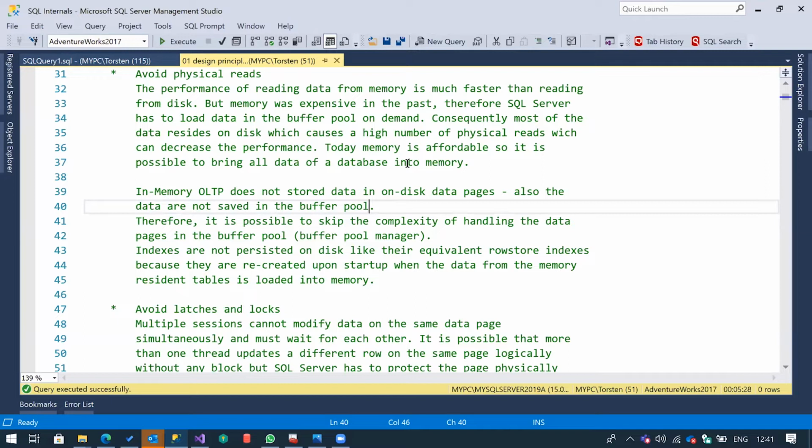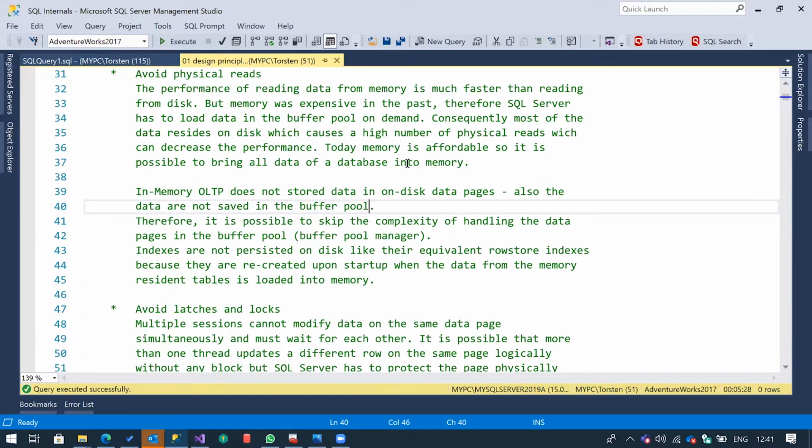When you create it, maybe you do not know, but I can tell you, you have two different options to create an in-memory OLTP table: with schema and data, or schema only. When you create your in-memory OLTP table with schema only, you accept that you will see a data loss whenever your SQL Server crashes.